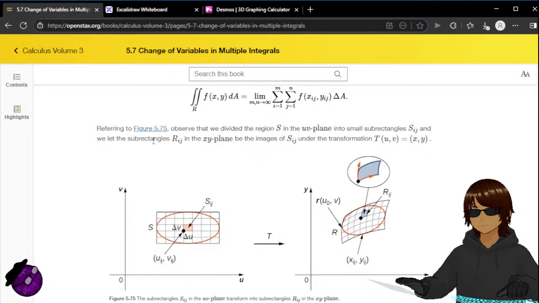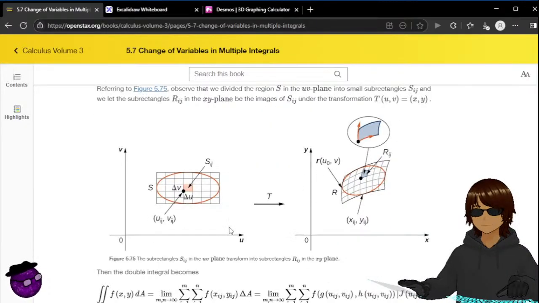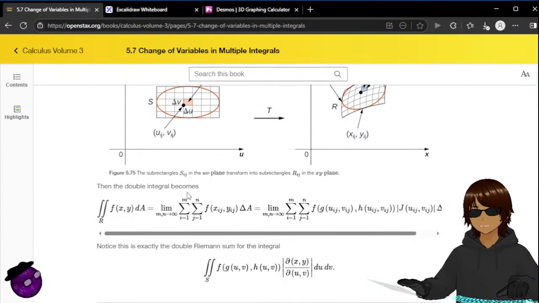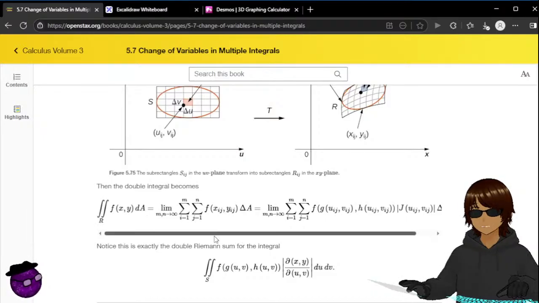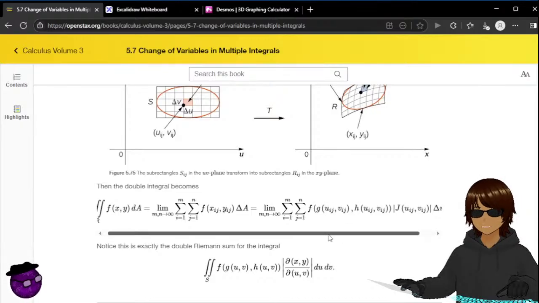We let the subrectangle R_ij in the xy plane be the image of S_ij under the transformation T(u,v) equal to (x,y). Then the double integral becomes this, instead of x and y, they're writing g of u,v and h of u,v.